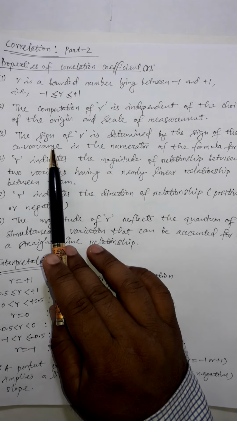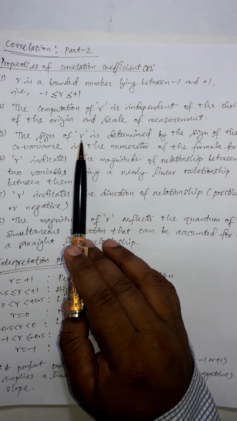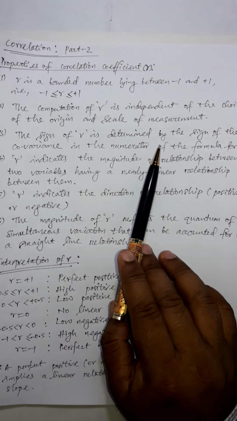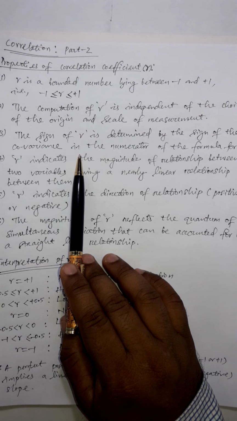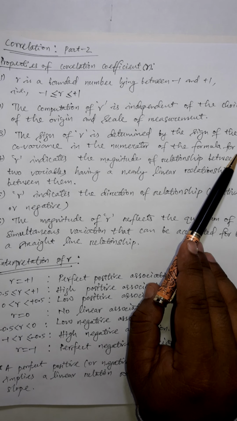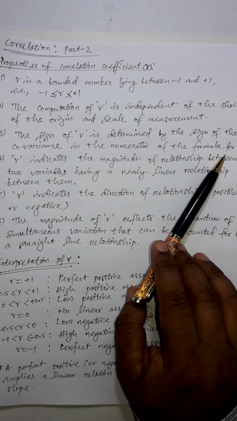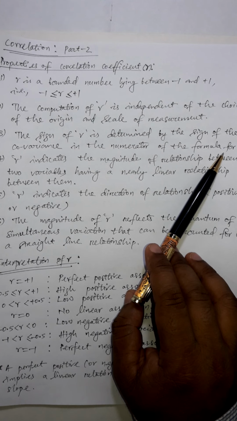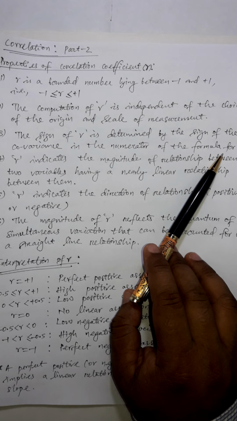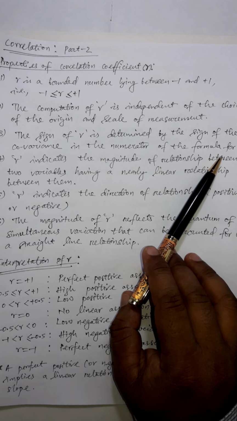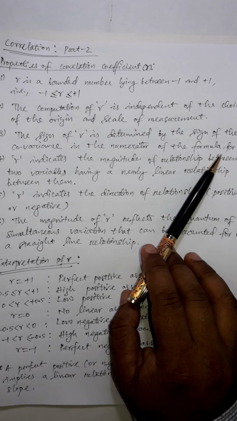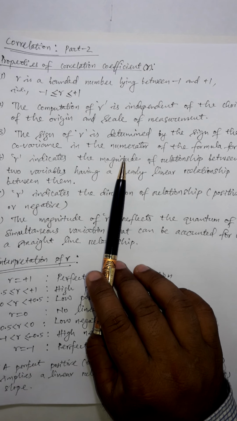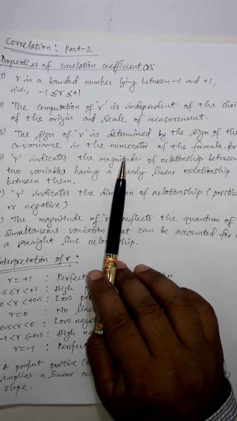But for now, let's focus on our third property, which says that the sign of the correlation coefficient is determined by the sign of the covariance in the numerator of the formula of R. We know friends, the basic formula for the coefficient of correlation is the covariance between the two variables divided by the product of the standard deviations of each variable. So to get the correlation coefficient, we need a division where the numerator is the covariance between the two variables and the denominator is the product of the two standard deviations.